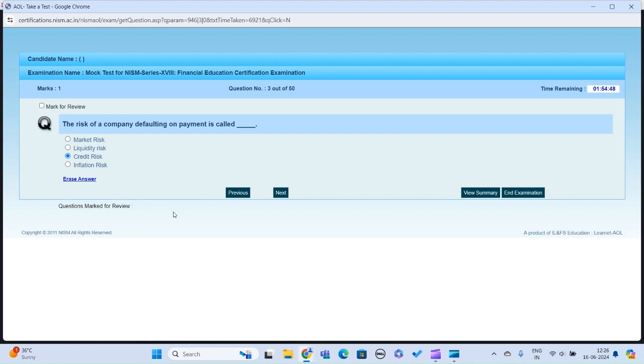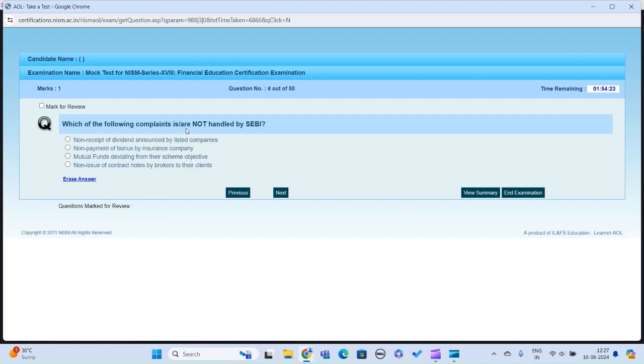After 30 days, the company doesn't pay. But for a retail person, if I go to any shop, they might always insist on cash and carry. In that case, there's no risk at all. But with a larger company, a repeat customer, they will always offer credit so that they can get the payment later. So this is a credit risk.